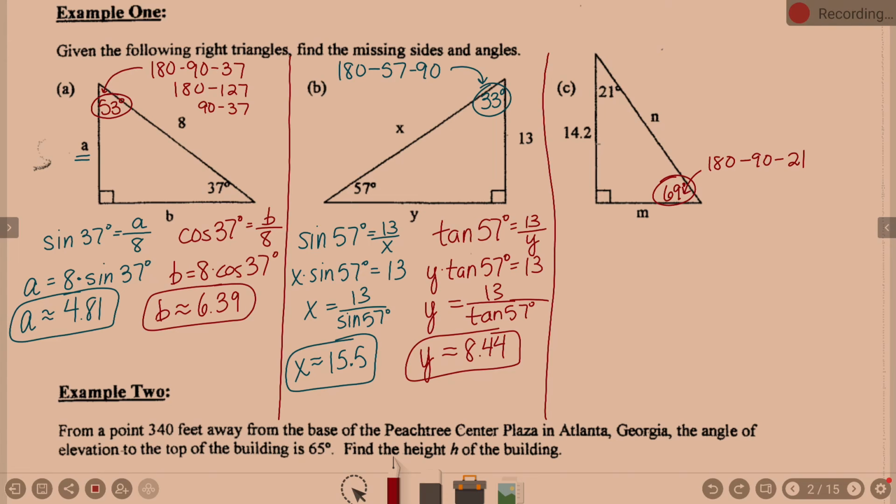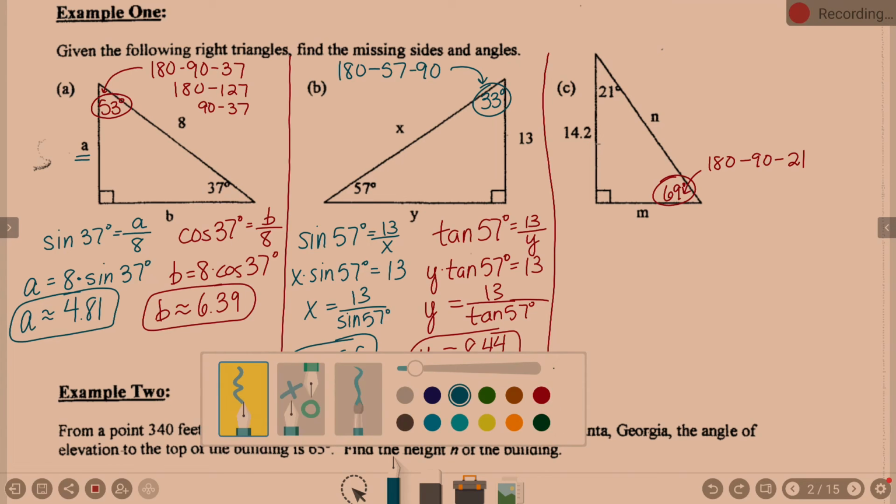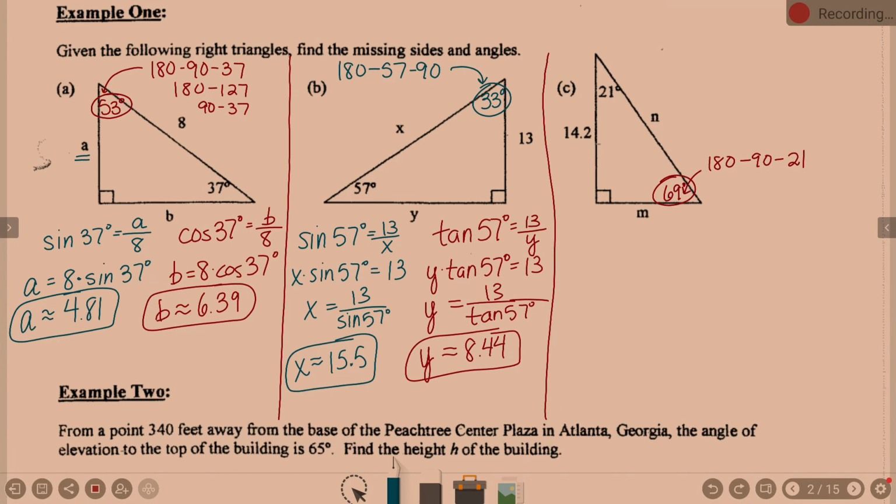And do we want to find N or do we want to find M? Let's go M because it comes first. Okay, so if we're in an alphabetical mood, how do we find M? Tangent of 21. Okay, tangent of 21, I could do that.